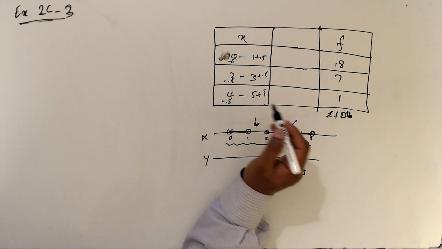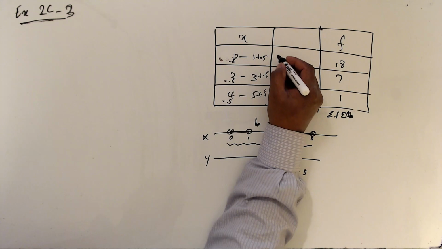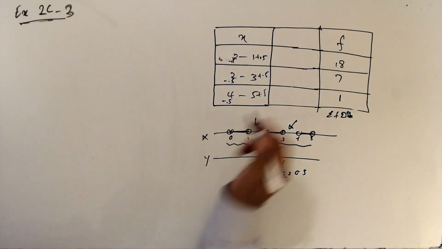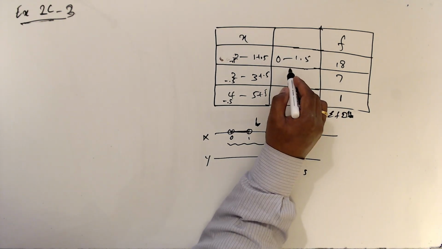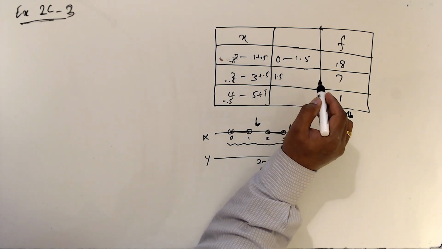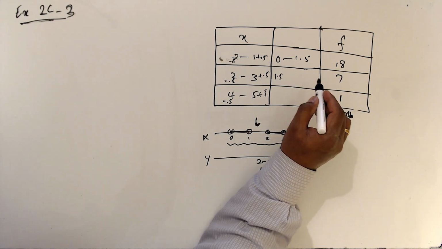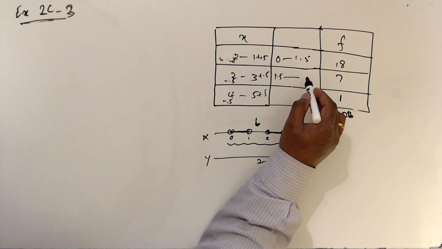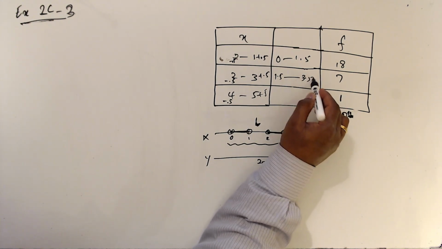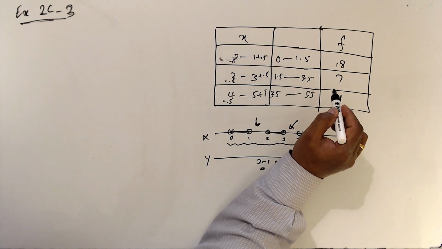Minus 0.5. So in here we stay with 0 to 1.5, 1.5 to 3.5, 3.5 to 5.5.